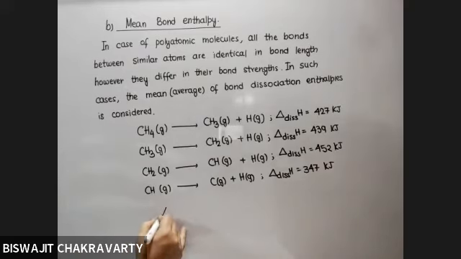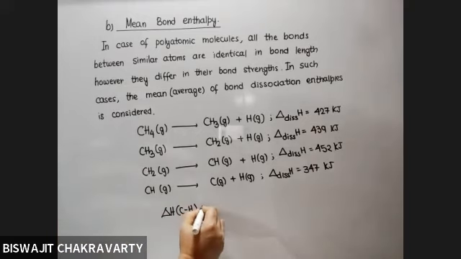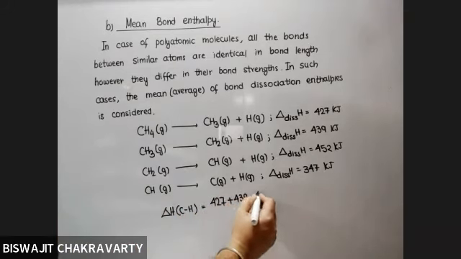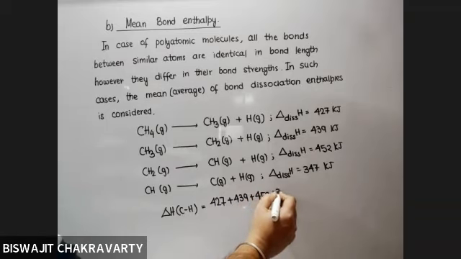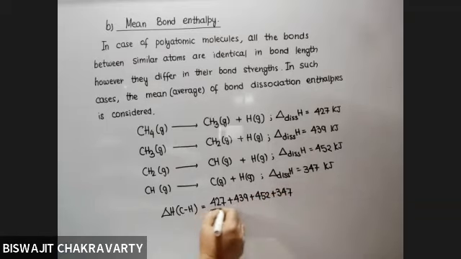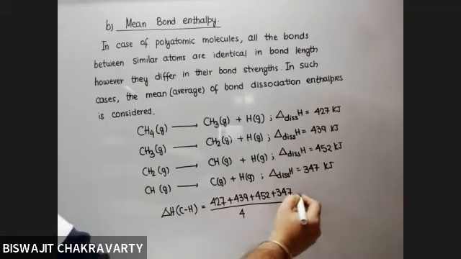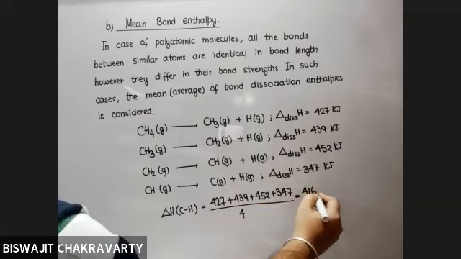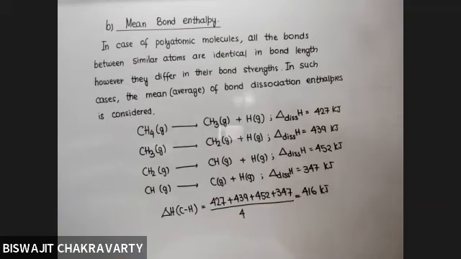Hence, if it is asked what is the delta H of C-H bond, we need to consider everyone's value and take the average: 427 plus 439 plus 452 plus 347, whole divided by 4. This value comes out to be 416, which is the average of all the different carbon hydrogen bonds. Understood?